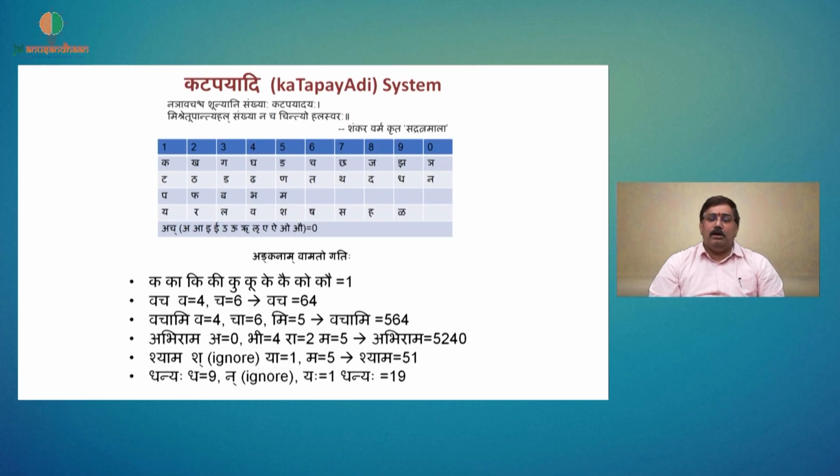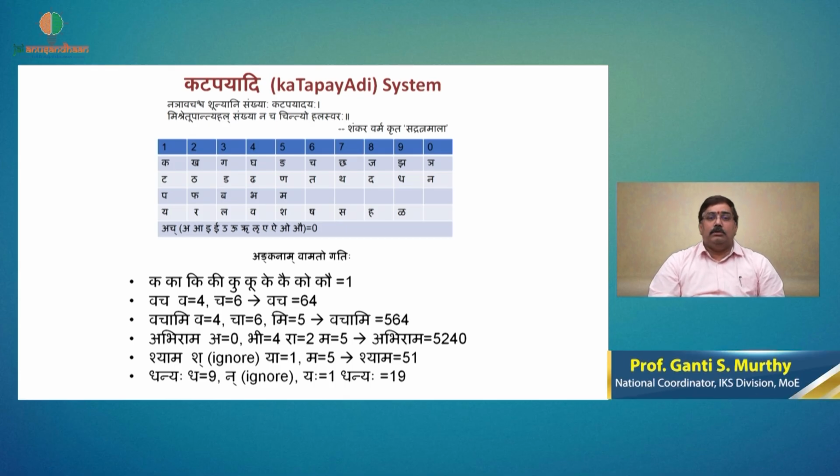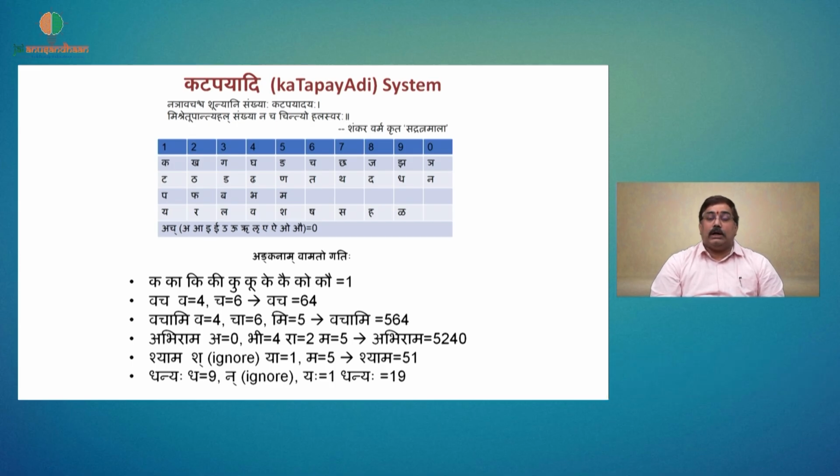And these are not something that were only done earlier. Even as late as the 17th century, in Shankara Varma's Sadratnamala, he talks about a system called the Katapayadi system. And what is that? Essentially he says, Nangavatincha Shunyani Sankhya Katapayadiyah Mishretu Pantyahala Sankhya Nacha Chintyo Halaswaraha.